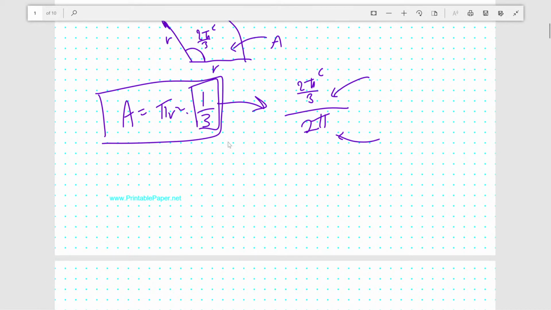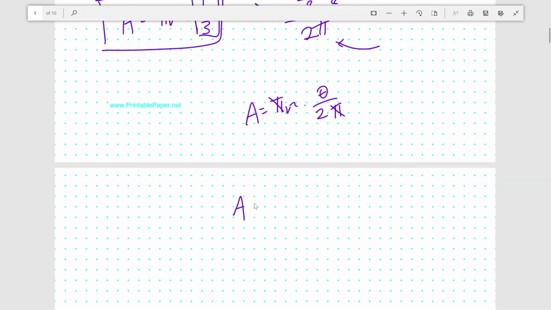So that's one way of figuring it out, since A is pi r squared times theta over 2 pi, for theta over 2 pi being the number of full circles there are. You can cancel out the pi on both sides, and you'll get that the area of a certain sector is theta r squared over 2.